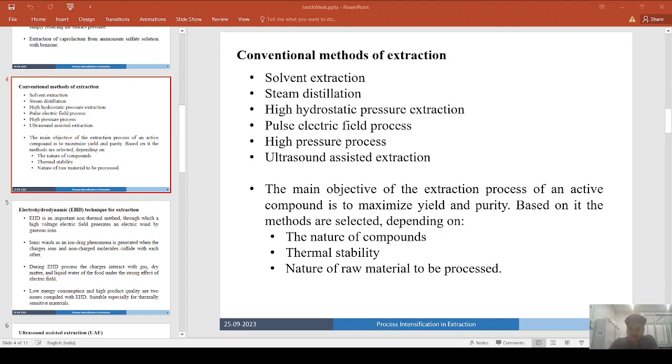While the chemical extraction methods involve the use of large quantities of organic solvents, which are harmful to humans and the environment.